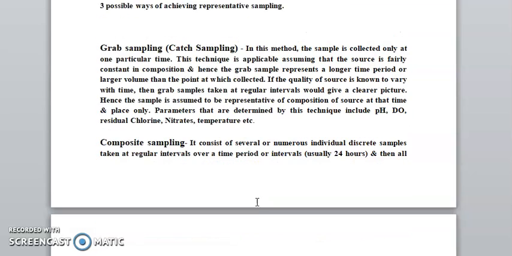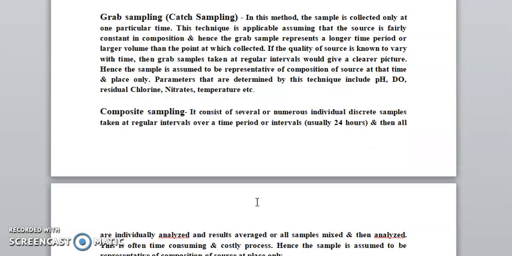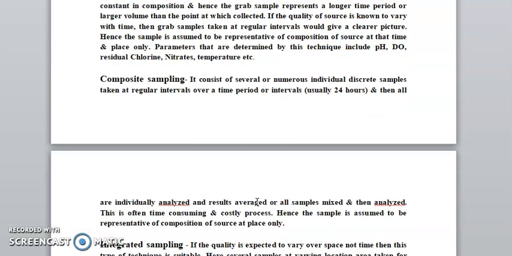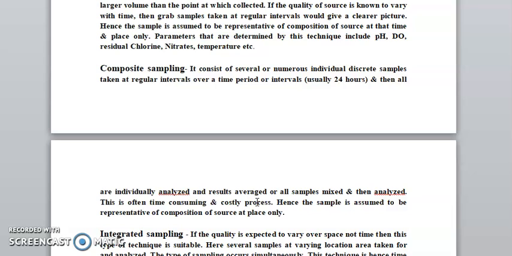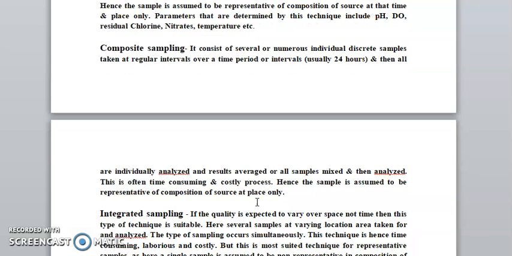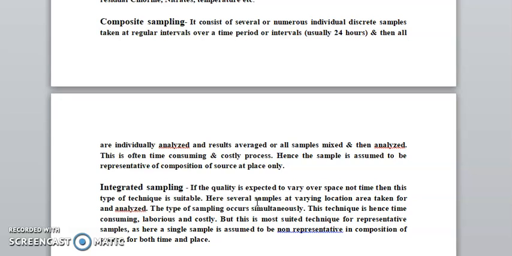Then all the individual samples are analyzed and the results averaged, or all the samples are mixed and then analyzed. This is often a time consuming, costly process, and the sample should be representative of the composition of the source at that place only.